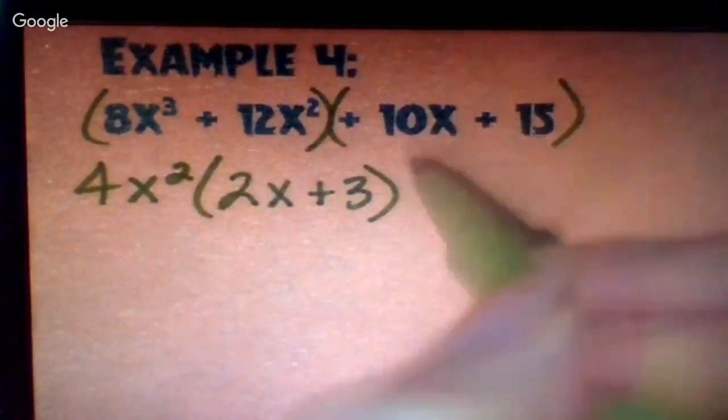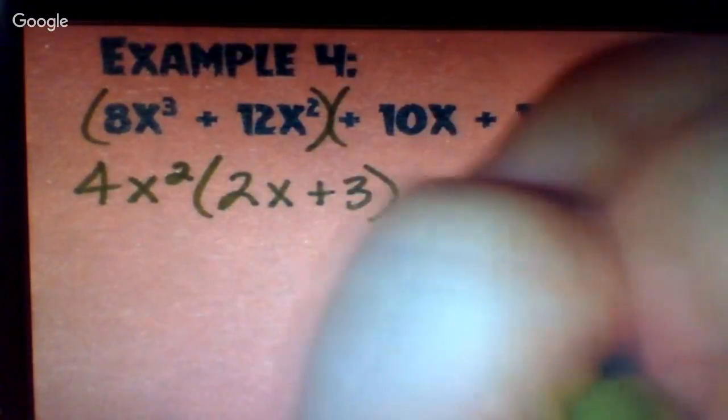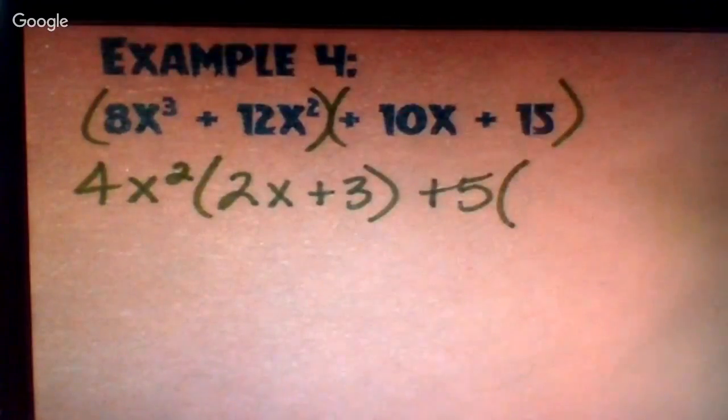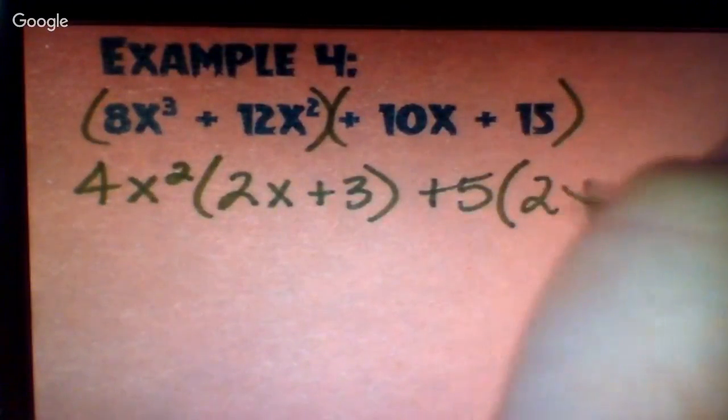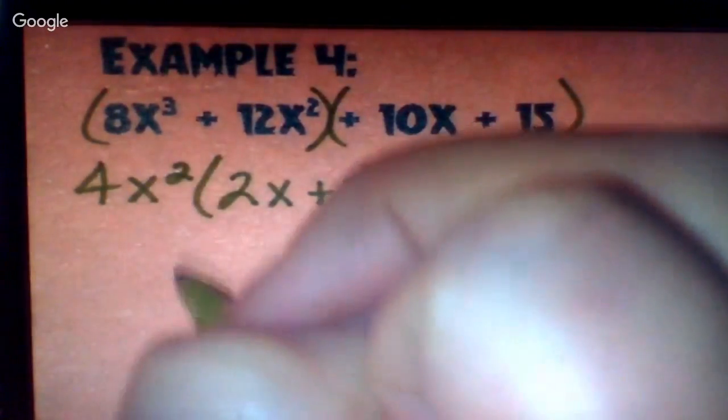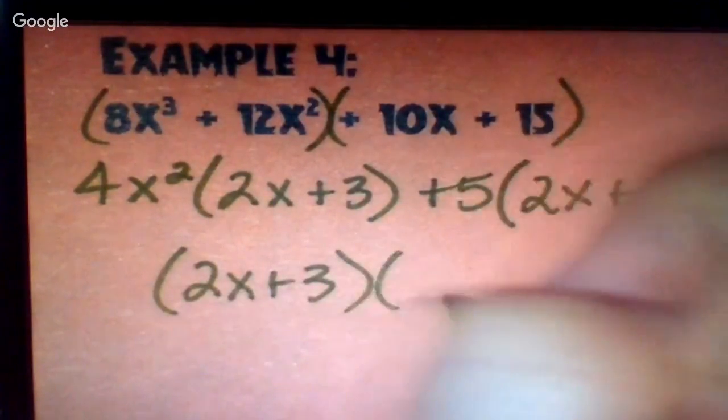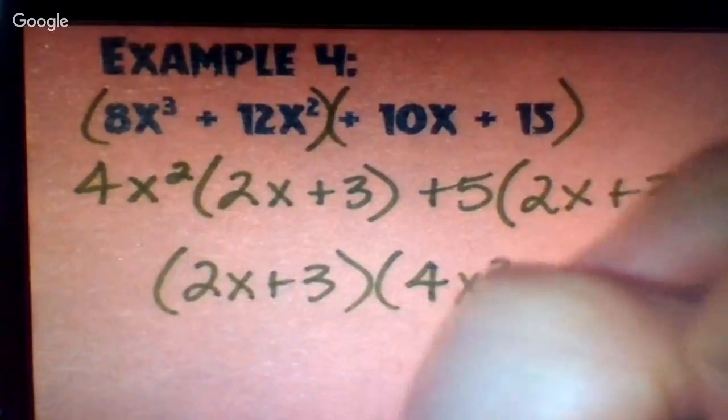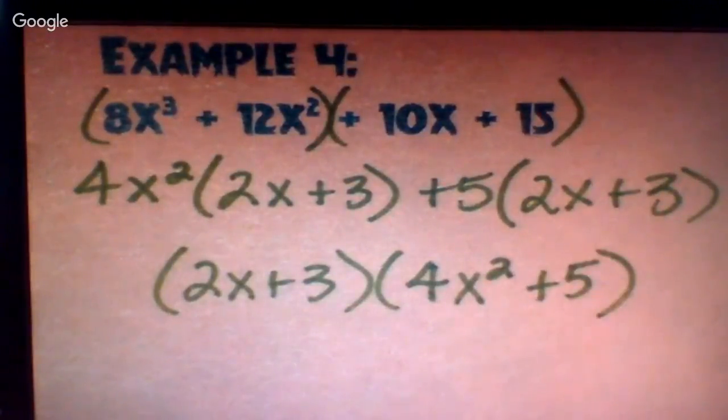In the second grouping, what did you pull out? 5. That left me with 2x plus 3. So we finished out with 2x plus 3 and 4x plus 5. Fantastic. If you have not glued this in yet, it goes in on page 49.